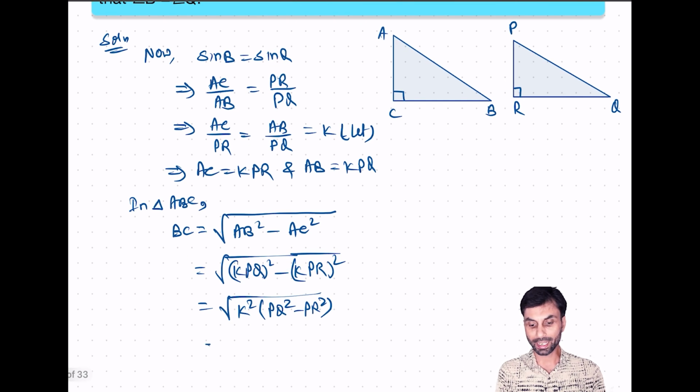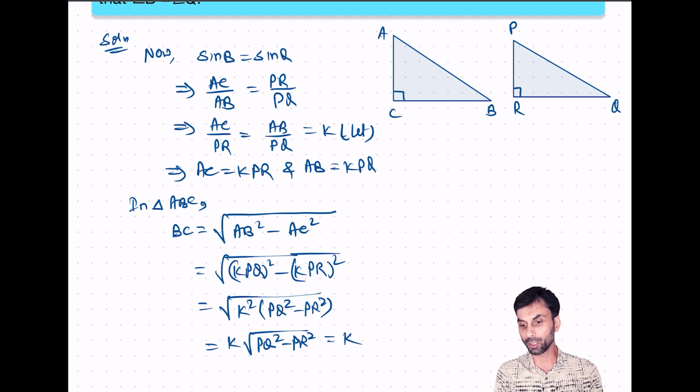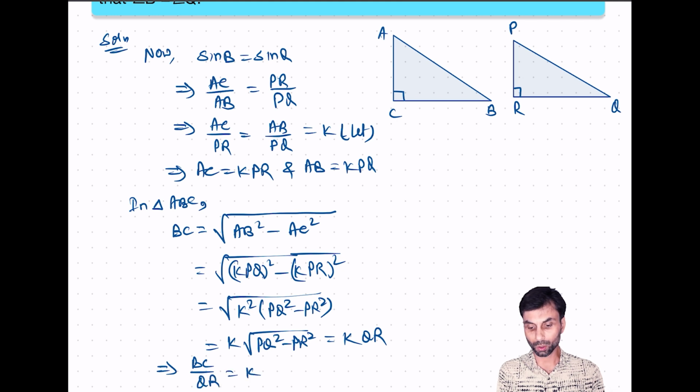Further, we can write it as K into square root of PQ square minus PR square, and by Pythagoras theorem, we can write it as QR. And so that means we will get BC upon QR equals K.